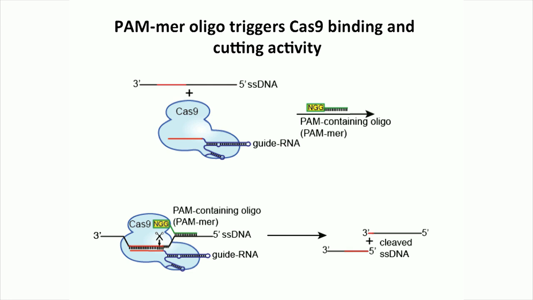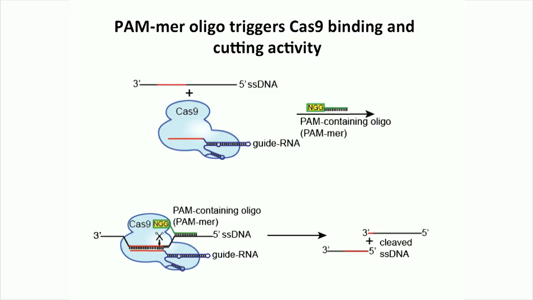And so this is a cartoon showing an experiment with a single-stranded DNA target. So this is the experiment I showed you on the previous slide. But we thought, well, maybe we could also do this with single-stranded RNA targets, which are not natural substrates for Cas9, but maybe they could be if they were incubated together with PAMmers that could somehow activate the enzyme.